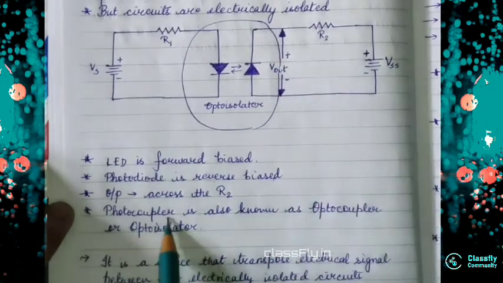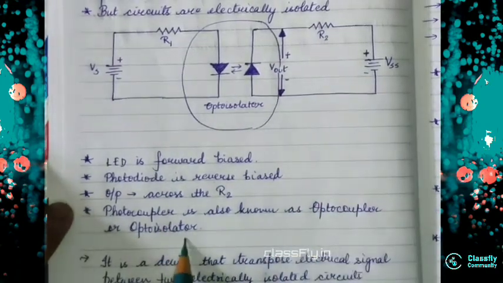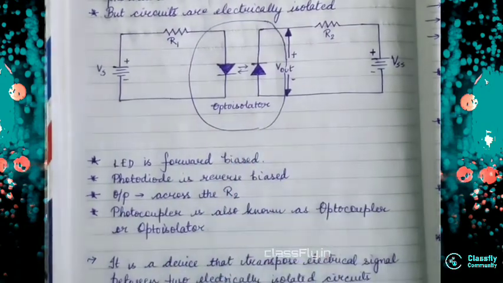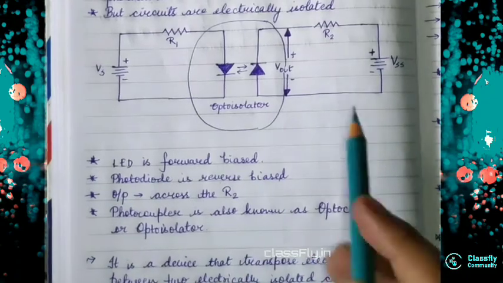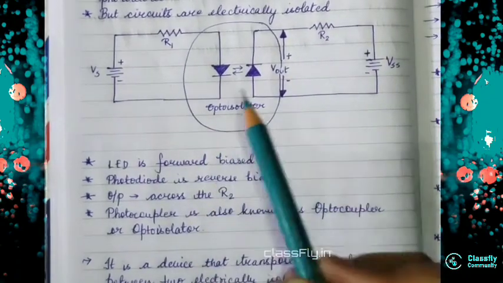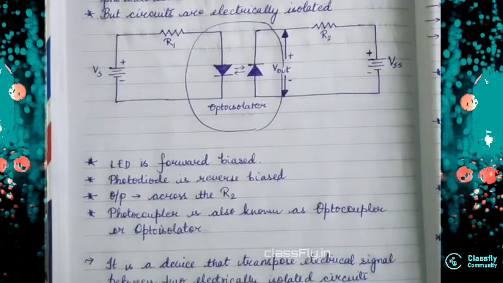Now see, a photocoupler is also known as an optocoupler or optoisolator. As I have written here, optoisolator, so don't get confused about what an optoisolator is. Optoisolator is basically a photocoupler, and we also call a photocoupler an optocoupler.